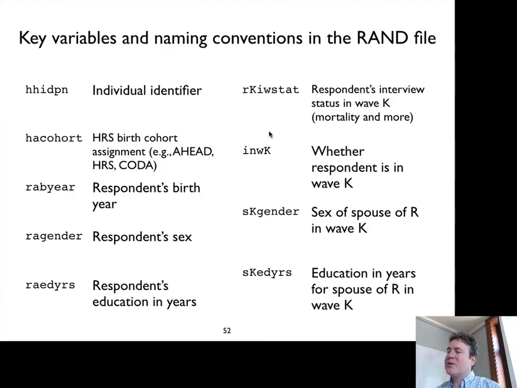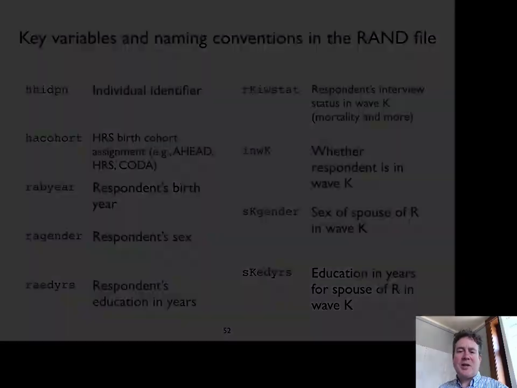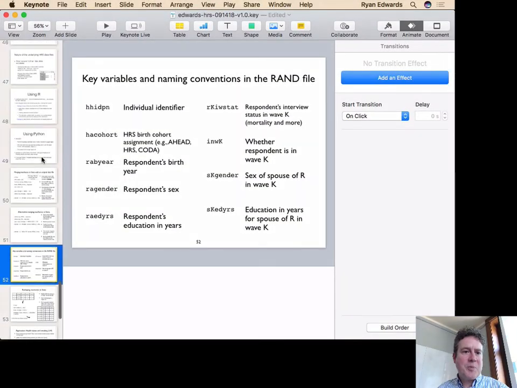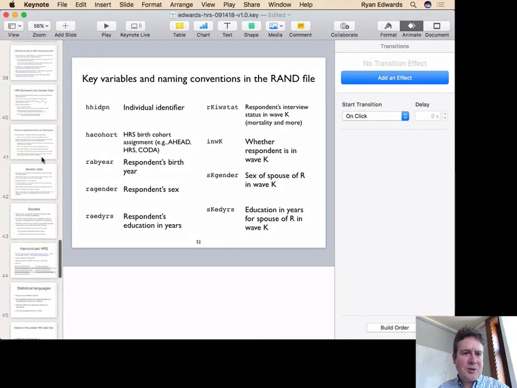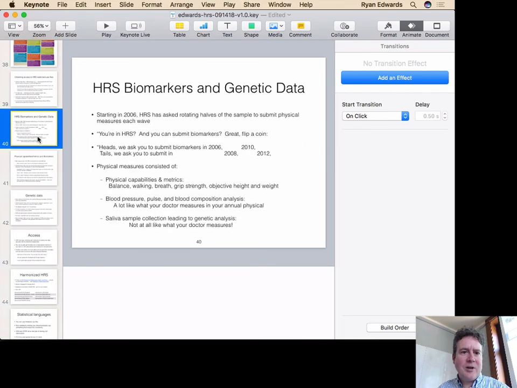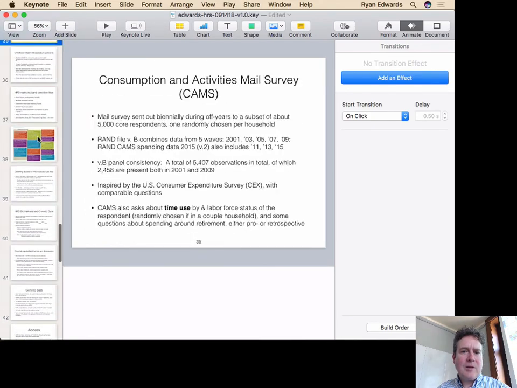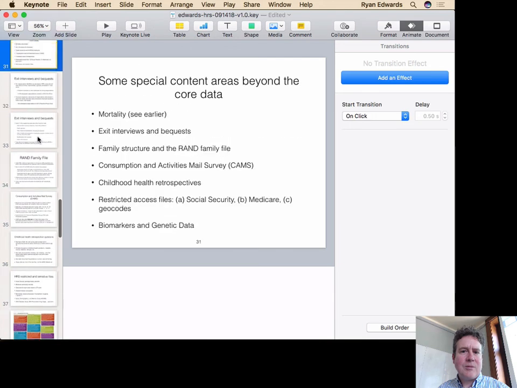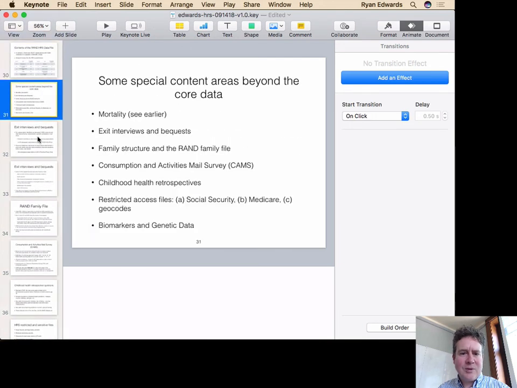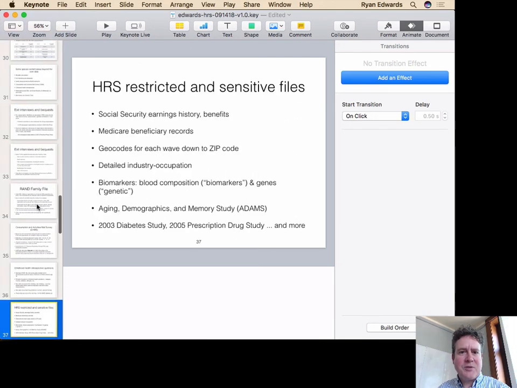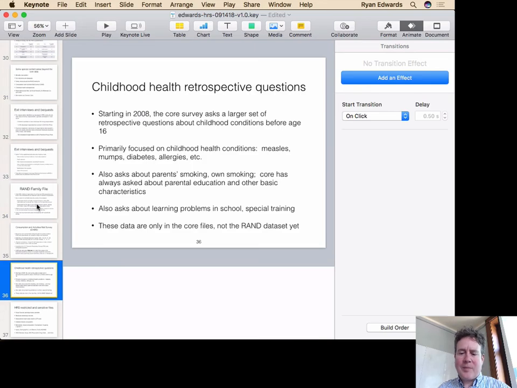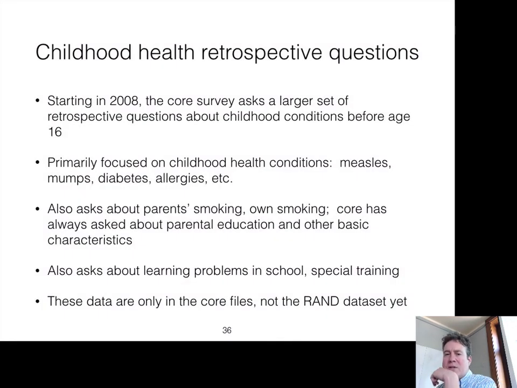The other thing I will say is, suppose you're interested in something like the childhood retrospectives, which I don't think I talked a lot about. There are exit interviews, core, childhood health retrospectives. If you're interested in these, they started in 2008.